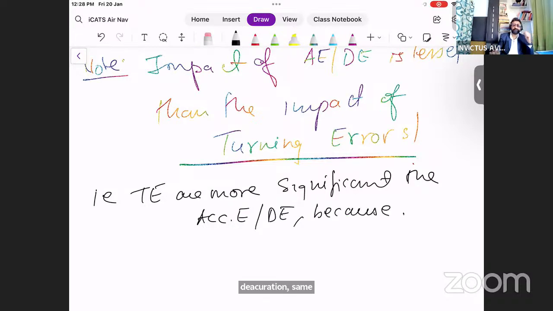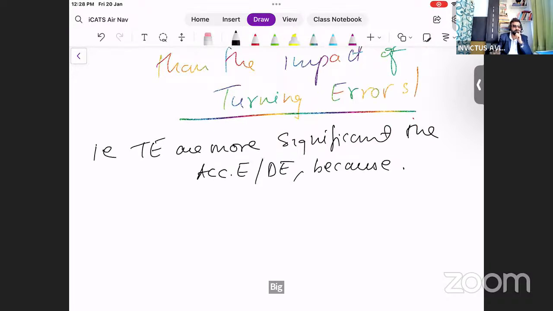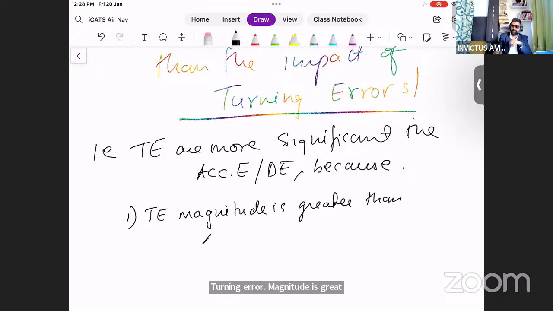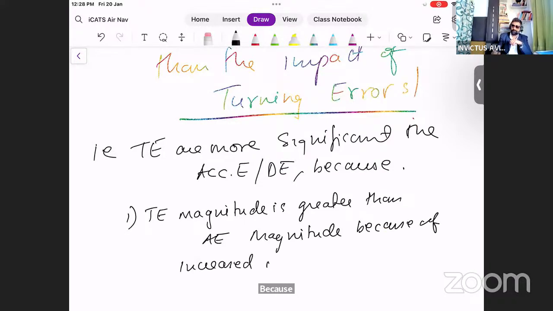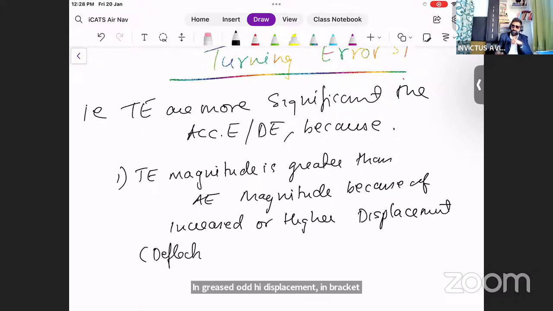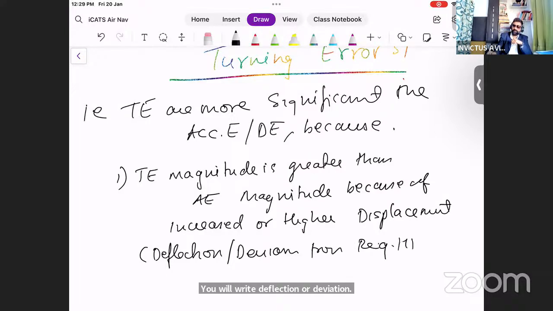Because turning error magnitude is greater than acceleration error magnitude because of increased or higher displacement, in bracket you will write deflection or deviation from required heading.